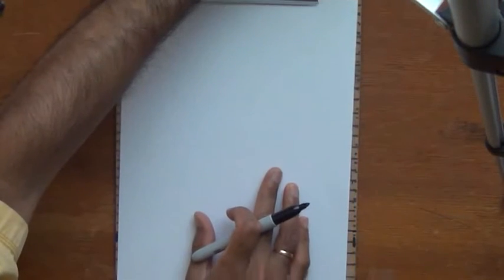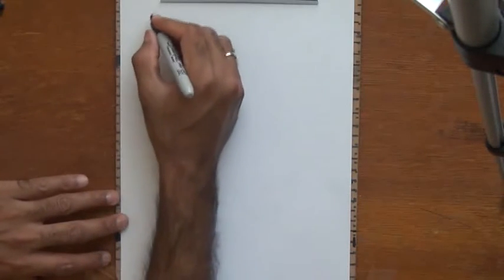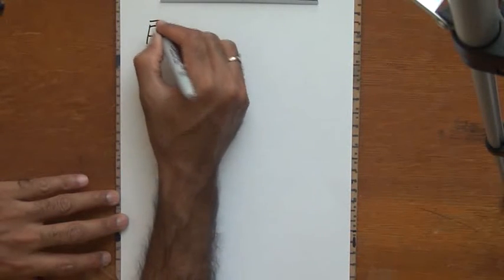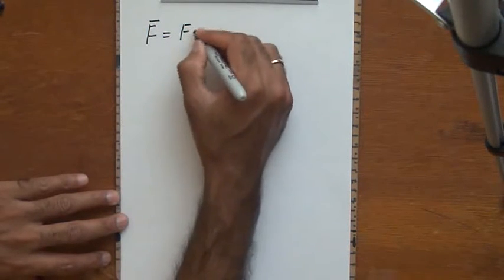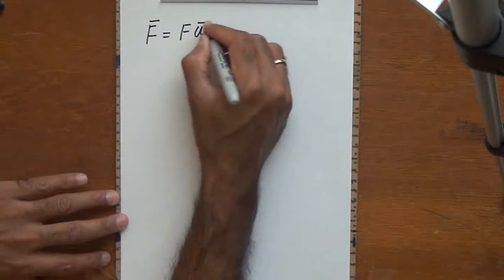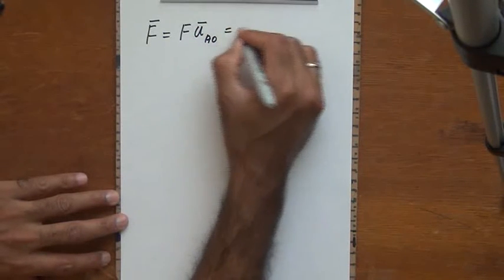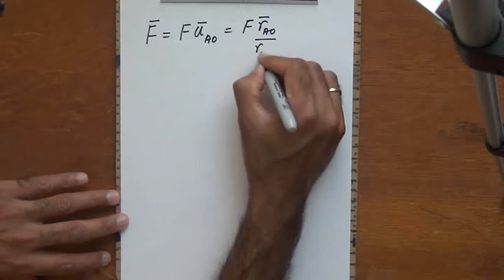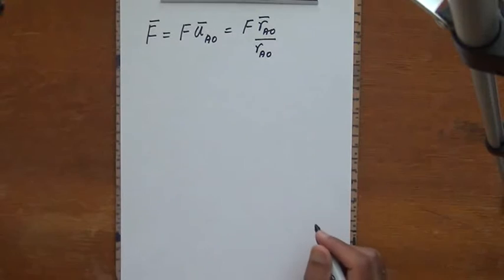Alright. So using information from the previous page, we are going to write out the force vector F first. The force vector F is the magnitude times its unit vector, which we found out was UAO, or magnitude times RAO by the magnitude of RAO.